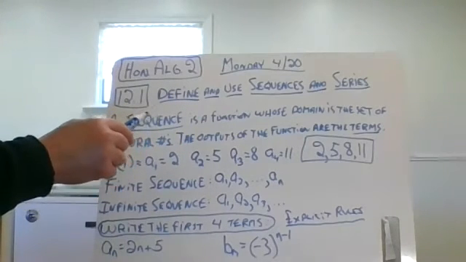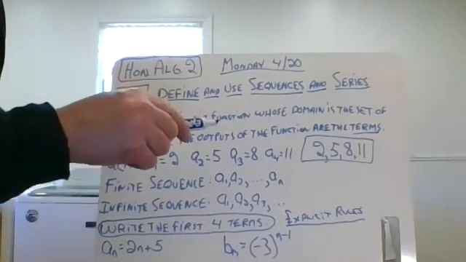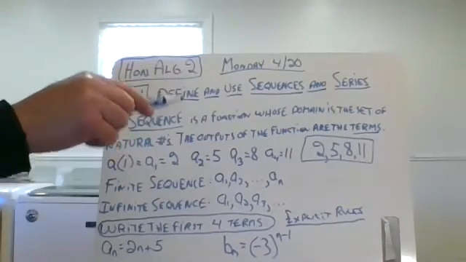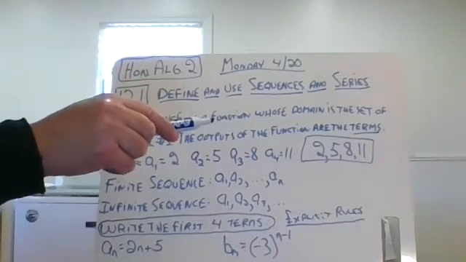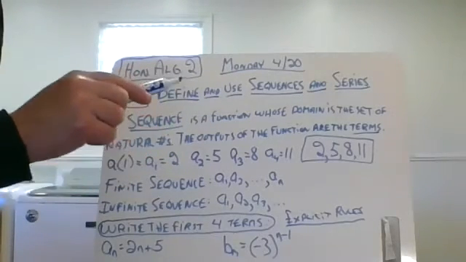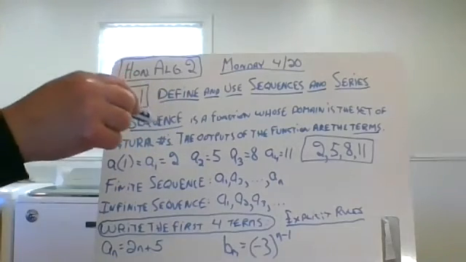And the function determines the terms of the sequence. The outputs of the function are the terms of the sequence. The input to the function is which term it is.